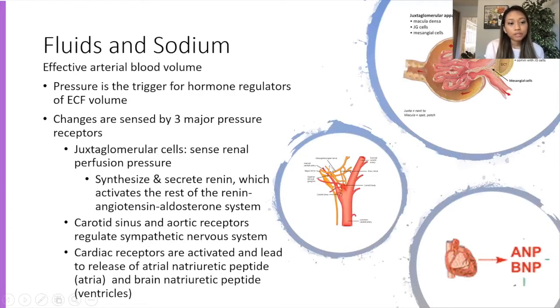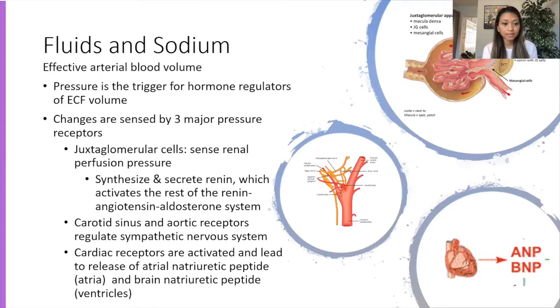So I just wanted to go over the effective arterial blood volume. It's really important to understand, especially in cases of congestive heart failure or cirrhosis. Pressure is the trigger for hormone regulators of ECF volume. The changes are sensed by 3 major pressure receptors. The JG cells in the kidneys sense renal perfusion pressure.